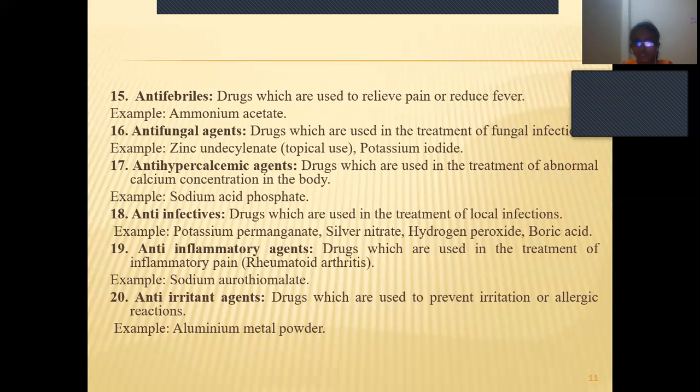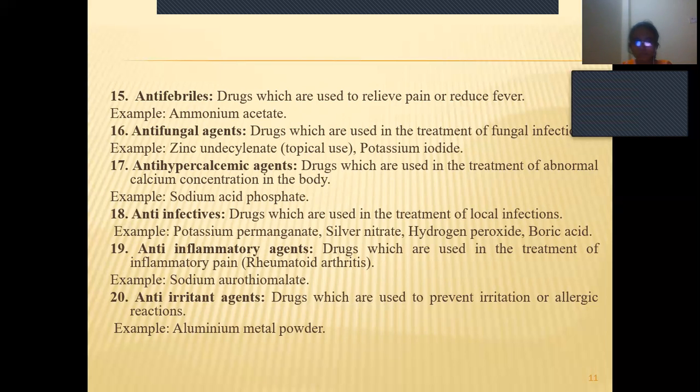antihypercalcemic agent. It is mainly used in the treatment of abnormal calcium concentration in the body. Calcium is important for our body, for the bones. If the bones should be strong, we require calcium. In some persons the calcium percentage is very low, so they have low bone density.